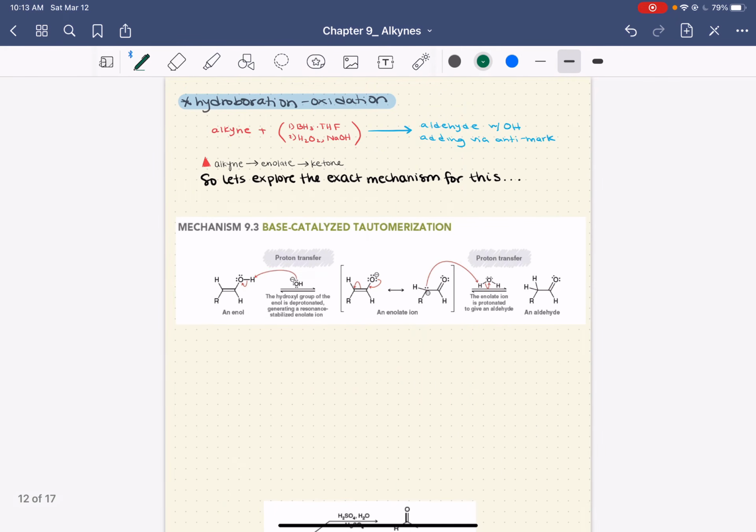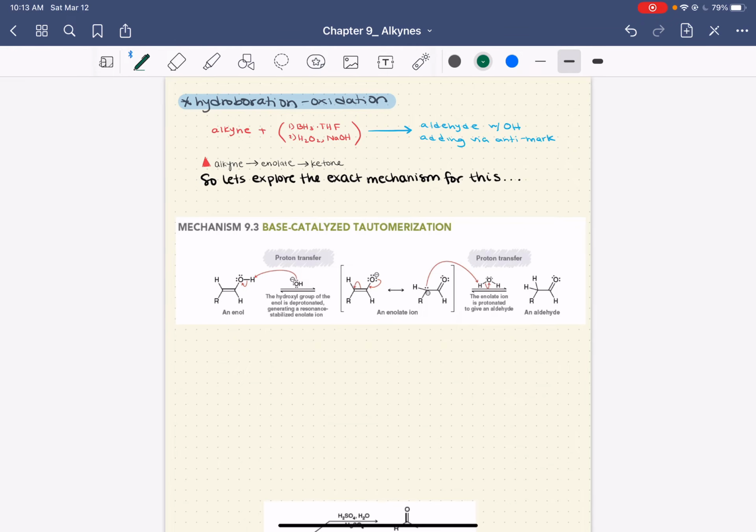Now, alkynes, like alkenes, can also undergo hydroboration-oxidation. The initial product of this reaction is also an enol that cannot be isolated because it rapidly converts into an aldehyde through tautomerization. Here, basic conditions are employed, so this enol to aldehyde conversion is a base-catalyzed tautomerization.